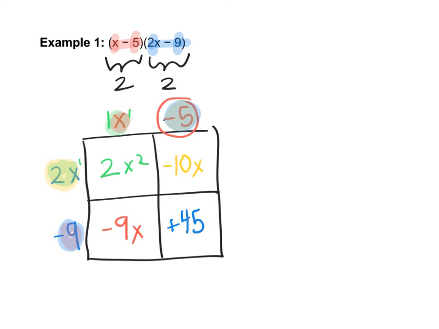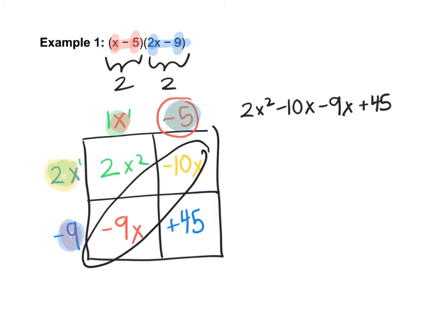All right, the last thing we need to do is combine our like terms. At this point, you can write it all out if you want. So I have 2x squared minus 10x minus 9x plus 45. Or you can leave it in your box and do the combining before you write it out. What I noticed in my box is we have 2 things that just have x, so I have negative 10x and negative 9x.